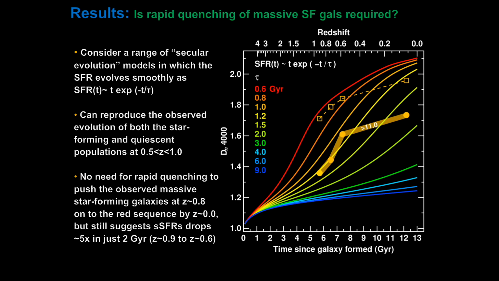We see that the observed evolution of the blue cloud galaxies can be reproduced by a secular evolution tau model with the timescale of 1.2 gigayears, which is shown by the yellow curve, throughout the critical phase from z of 0.8 to 0.5 without need for additional rapid quenching. The tau model then overestimates the D4000 evolution between 0.5 and the present day, predicting that the blue cloud galaxies join the red sequence rather than remain below it.